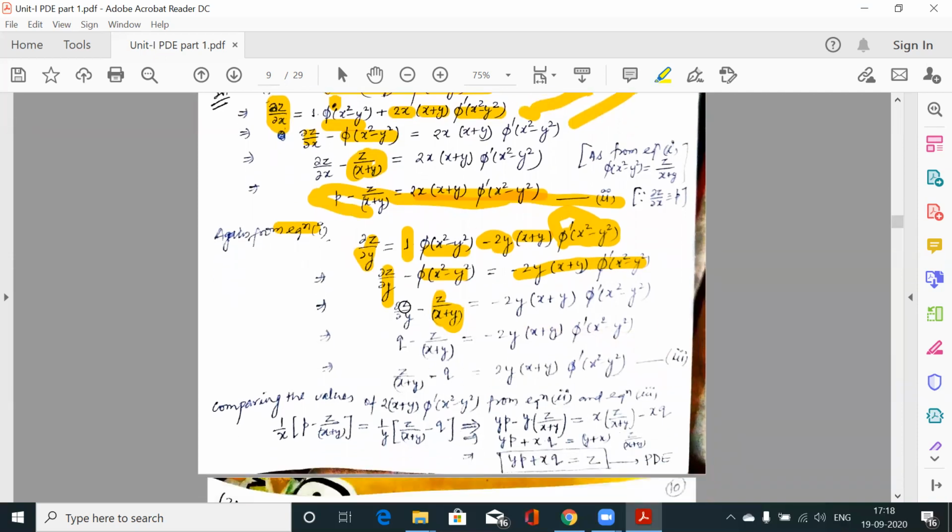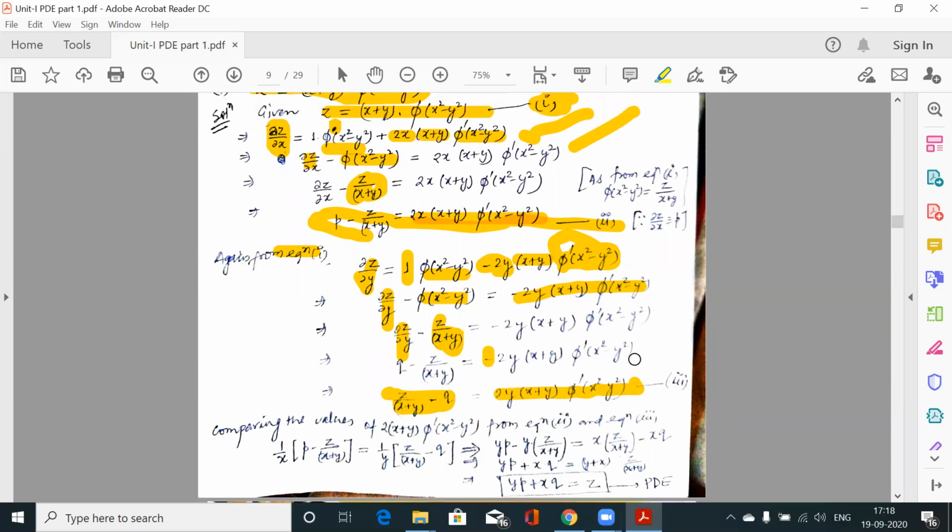And again, del z over del y, we can write q in place of del z over del y, that is notation. Because this is negative, I have multiplied by the minus sign. So z over x plus y minus q is equal to 2y x plus y phi dash. Now we have calculated both of the first order derivatives.